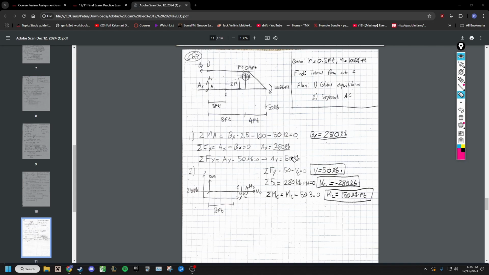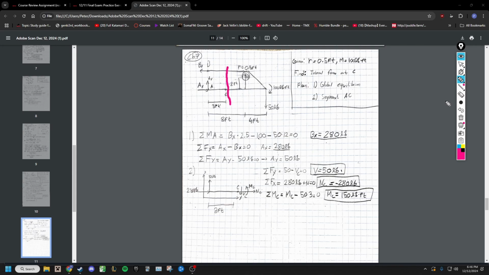Then we go through the standard summing of all the forces in the x and y. We find that A of x equals 280 pounds and A of y equals 50 pounds. Then to find the internal forces at C, we will cut everything off on the left side.